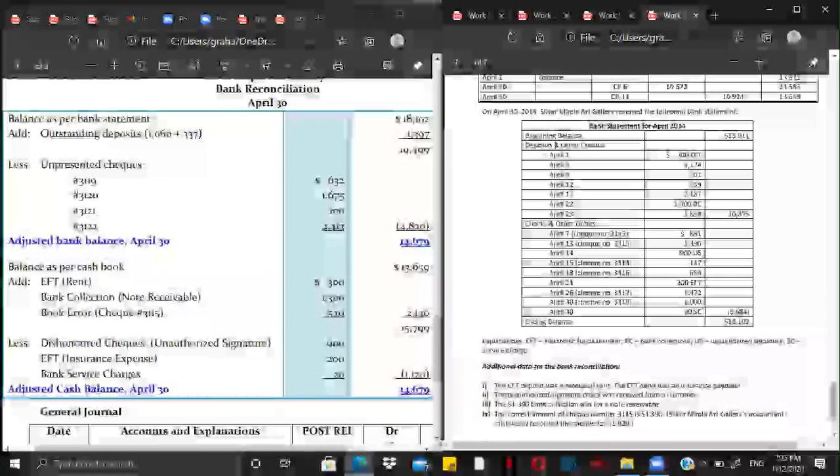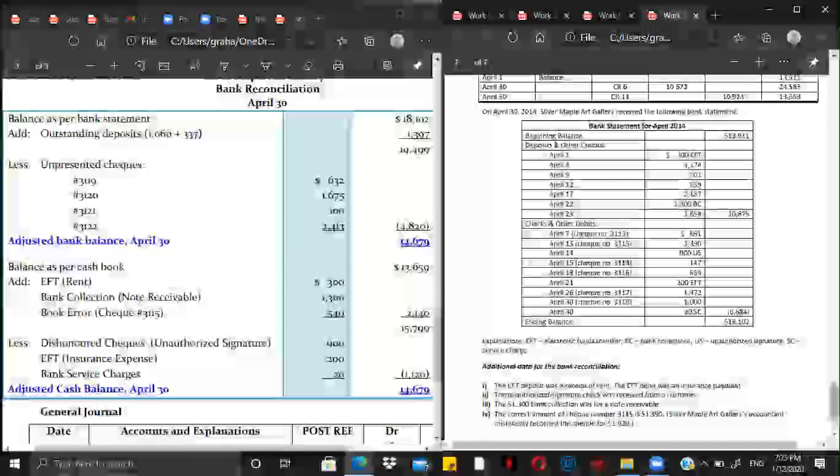The check was for $900. So this is $900 that we received, but it's bounced. We don't really get the money because it wasn't authorized.